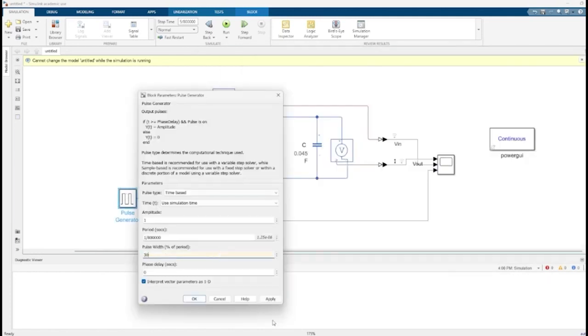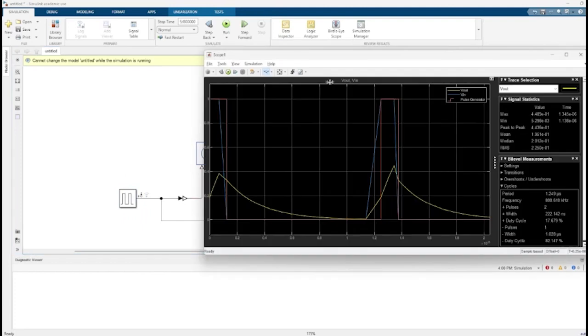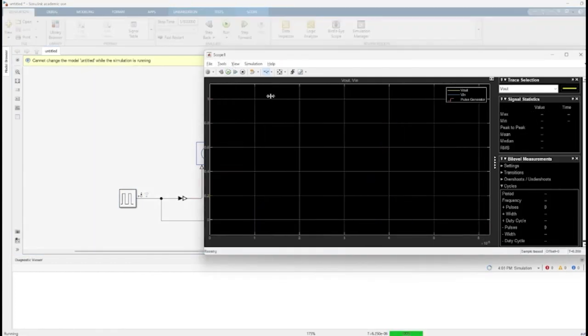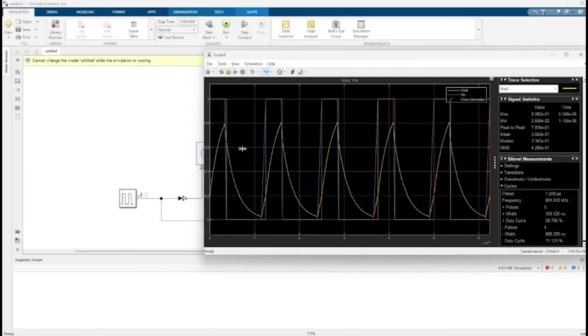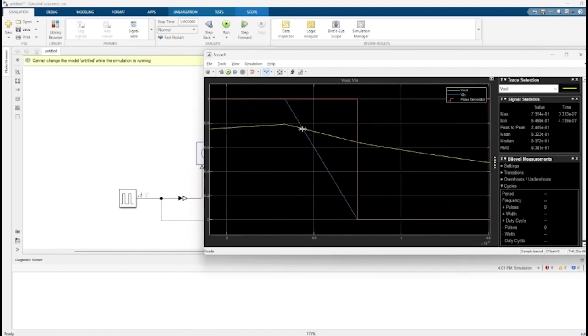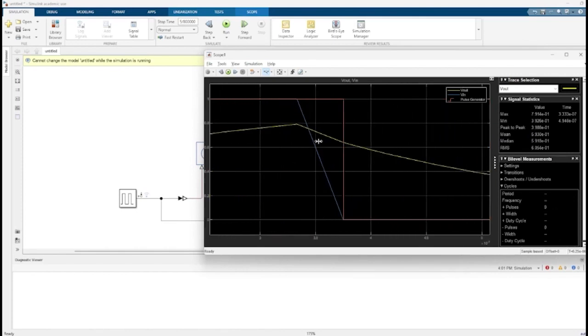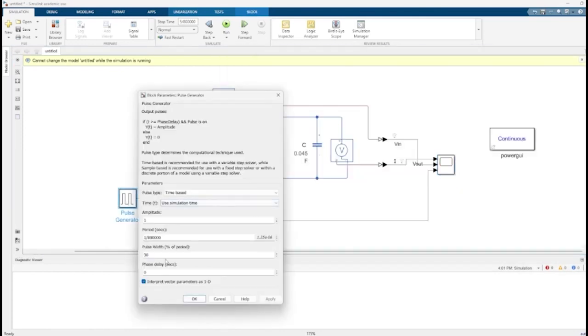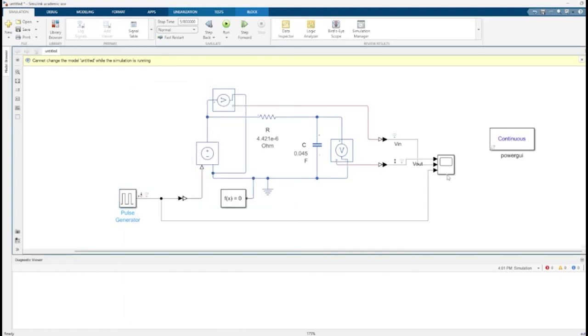At 30%, we get a better but still sharp filtering of the signal. At 70%, which is above 50%, where 50% is the normal signal, half on and half off, this is 70% high.